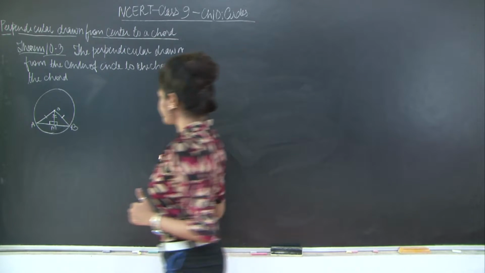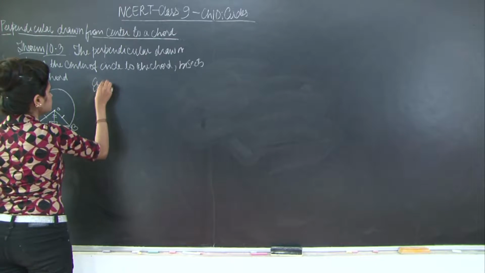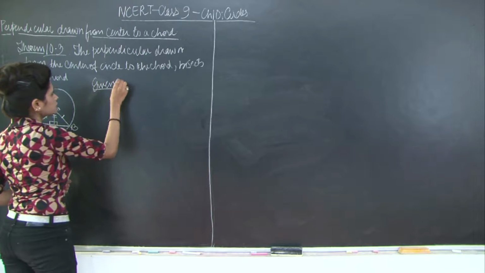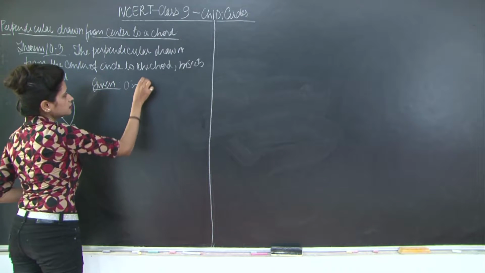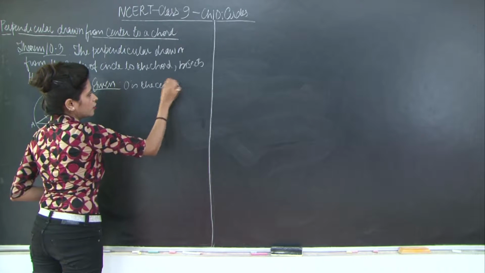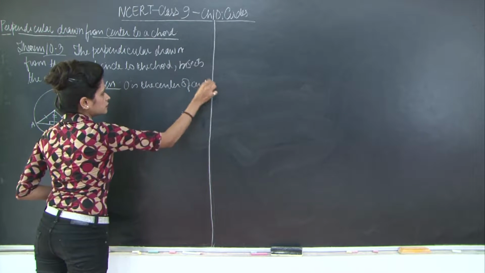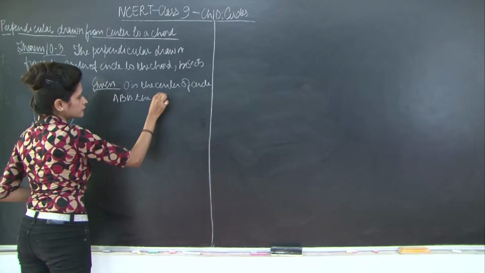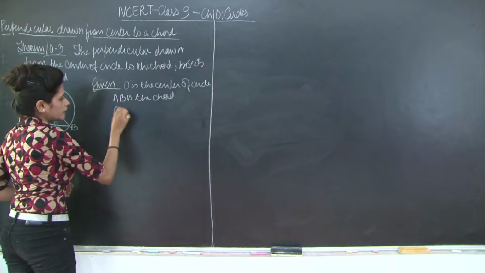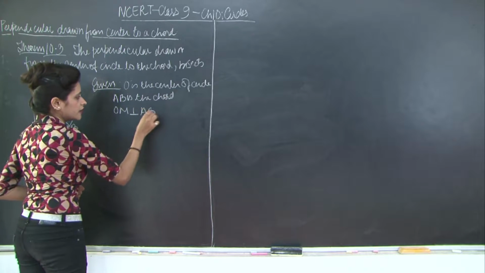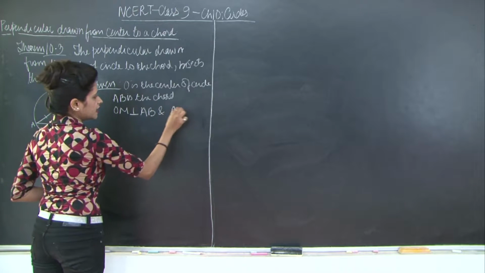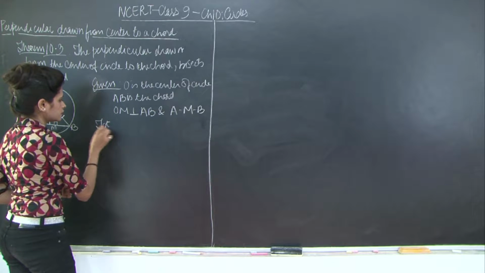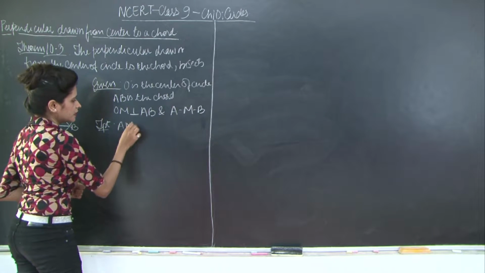Let's write the proof. So I'll say given: O is the center of circle, AB is the chord, OM is perpendicular to AB and M lies between A and B. To prove that AM is equal to BM.